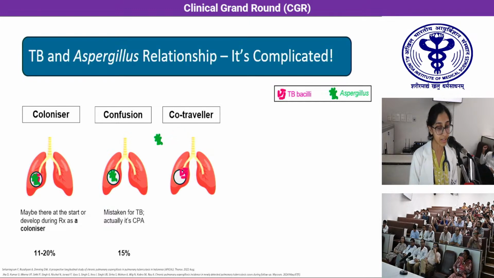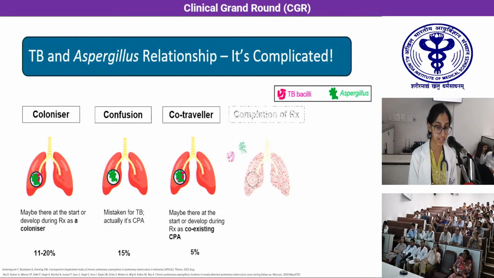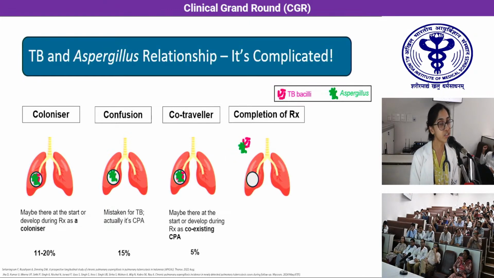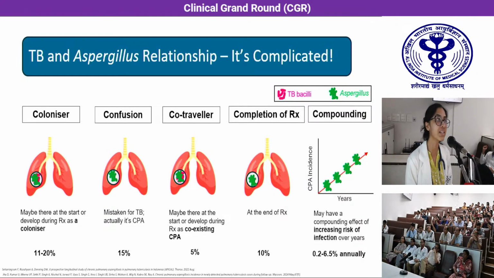Then in TB lung disease patients, aspergillus can be a co-traveler and exist as a coexisting infection in around 5%. Then of course the traditional belief that after tuberculosis is treated, aspergillus colonizes the cavities and causes CPA as a post-TB sequela. And also it has been shown that CPA has a compounding effect of increasing risk over the years.